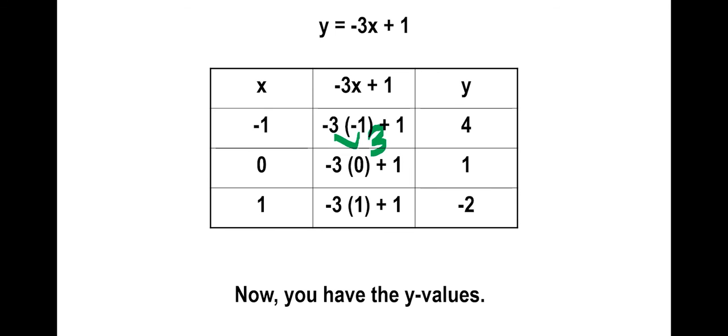And then for x equals 0, negative 3 times 0 gives us 0. 0 plus 1 gives us 1. And then x equals 1: negative 3 times 1 is negative 3. Negative 3 plus 1 gives us negative 2. So now we have our y values, and we can graph.